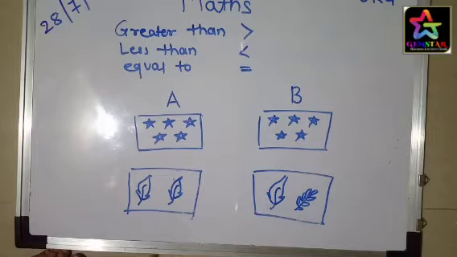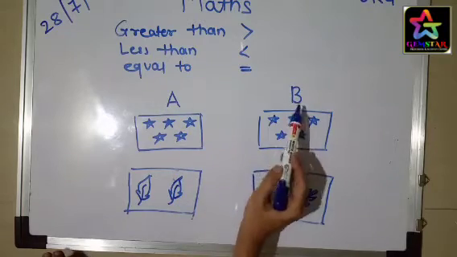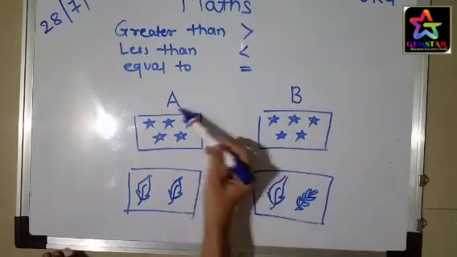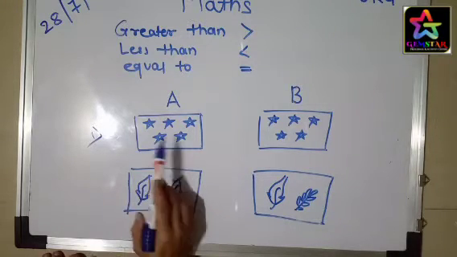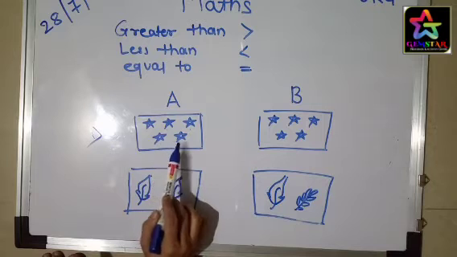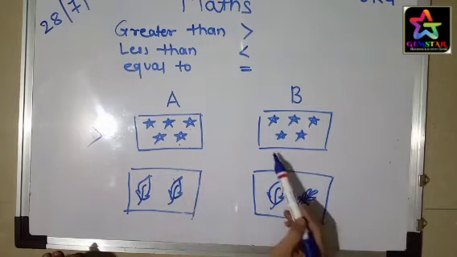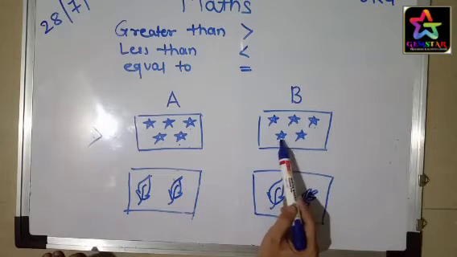So students, here are two examples. There are two groups, A and B. In A, the first picture there are 1, 2, 3, 4, 5 stars, and in group B there are 1, 2, 3, 4, 5.